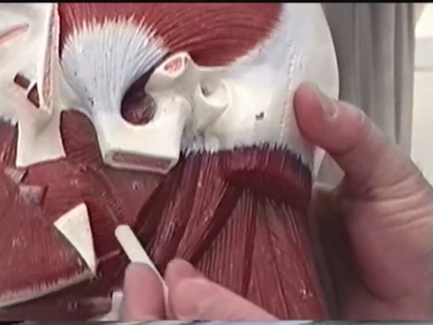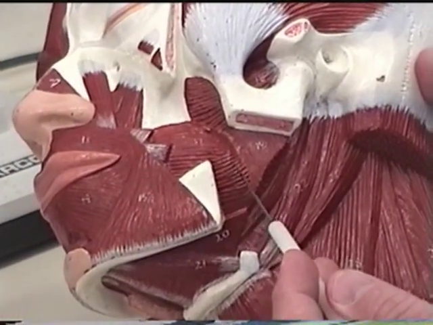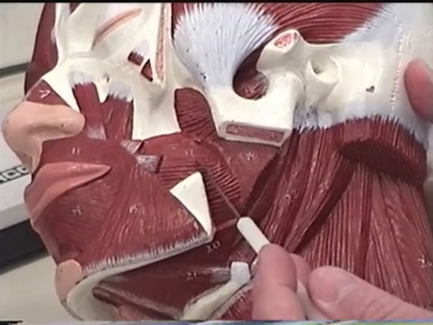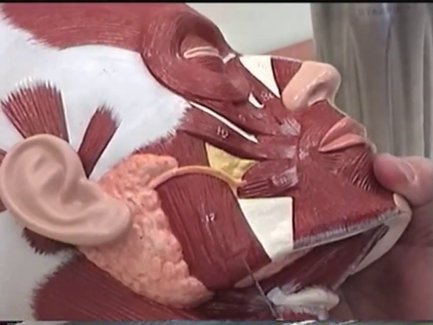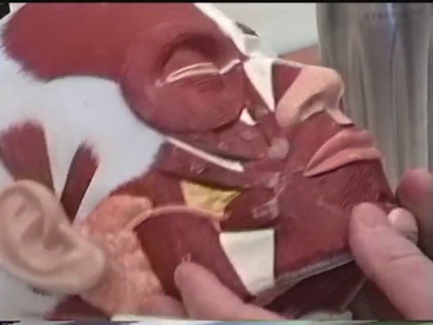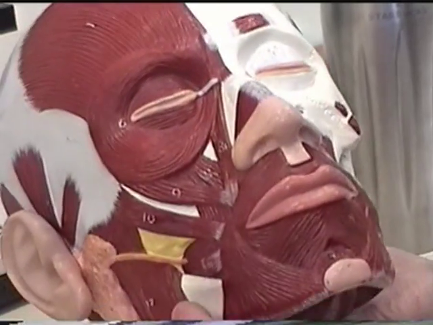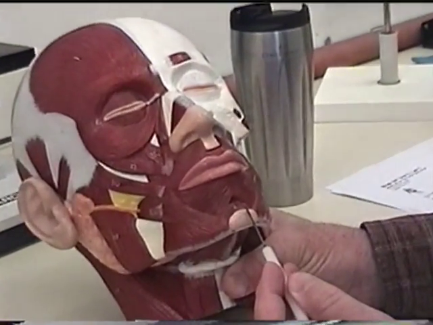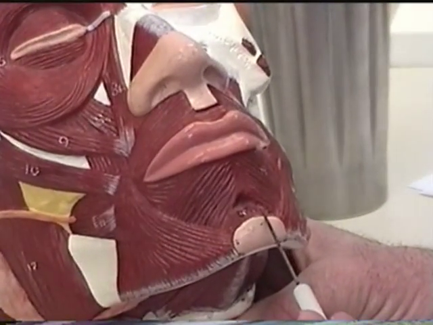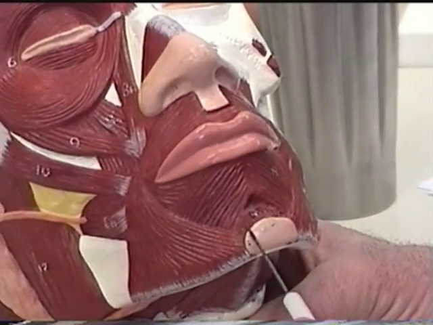On the other side, we're seeing the entire buccinator because all the superficial muscles have been removed, and it compresses the cheeks as in a sucking action. There is a small paired muscle, one on each side of midline, right on the chin, which is the mentalis muscle.